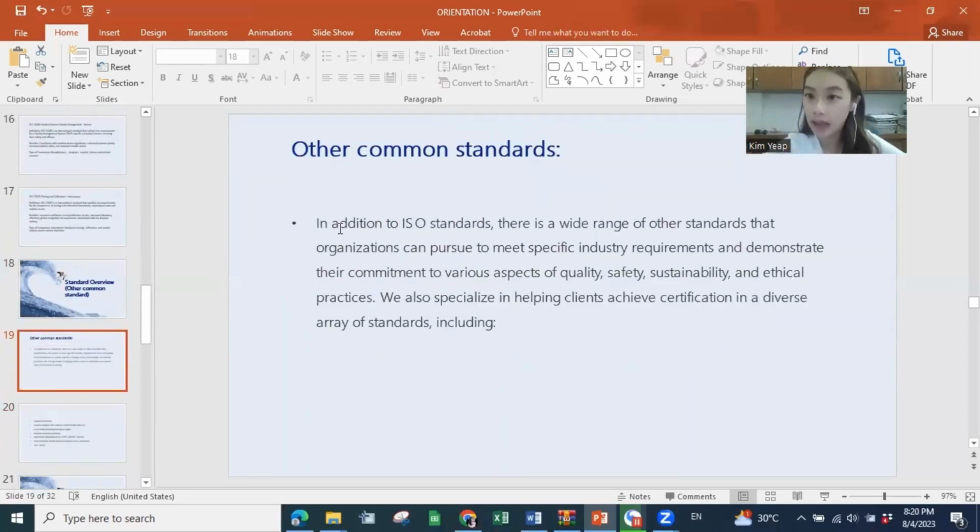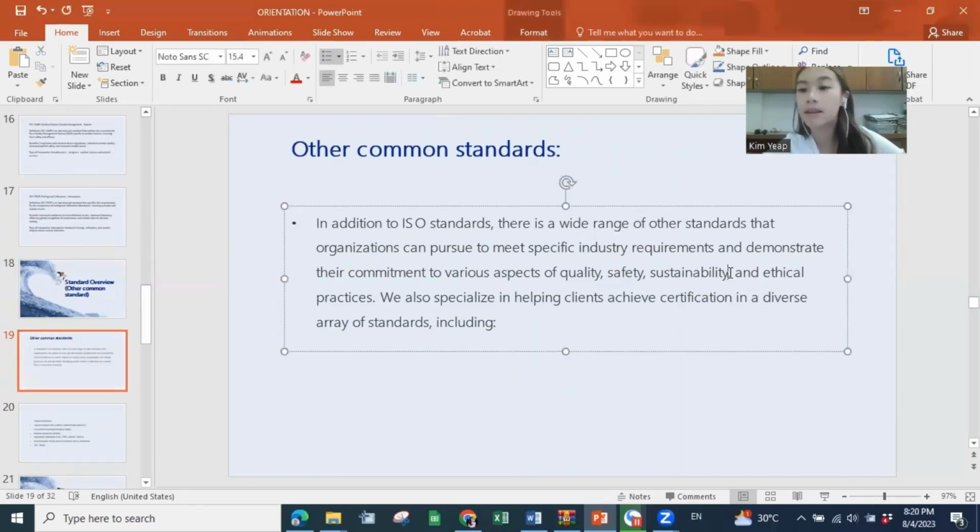In addition to the ISO standards which I explained just now, there is a wider range of other standards that clients can follow to meet specific industry requirements and demonstrate their commitment to various aspects: quality, safety, and sustainability. Sustainability means environmental, ethical. Sometimes we talk about human rights. Human rights also have a standard, which we will tell you about later.